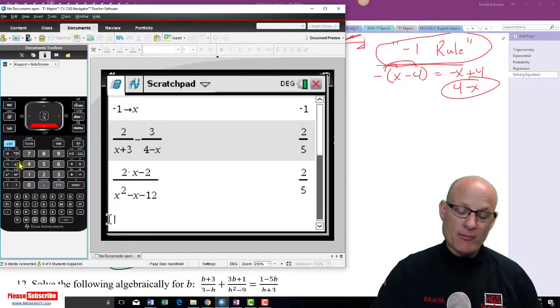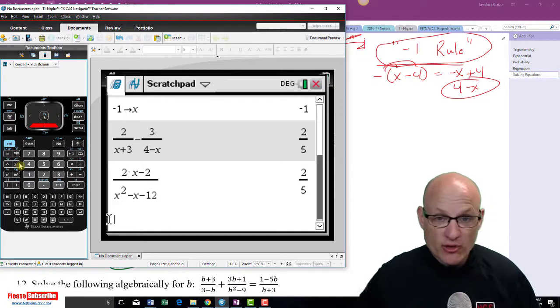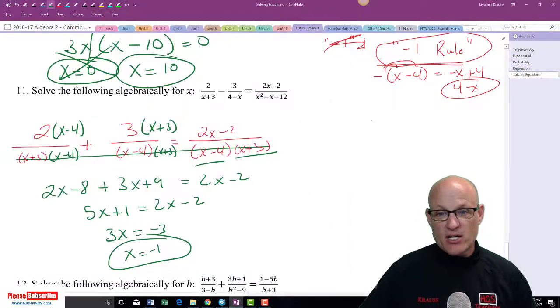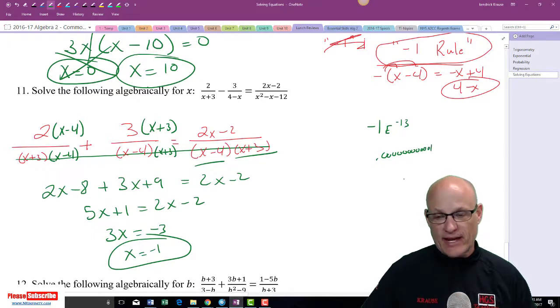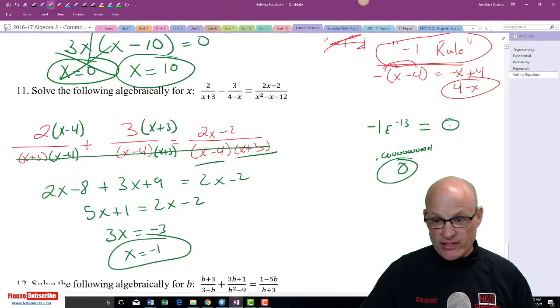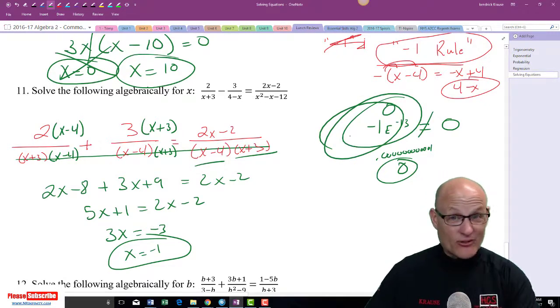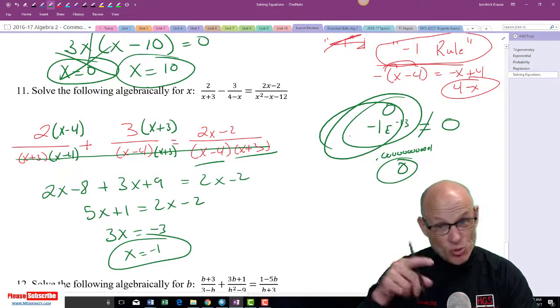The problem is when the calculator starts to estimate values of 0, and it gives you an answer like negative 1 e to the negative 13, which is really just 0. But the calculator sees these as not equal when they are in fact equal. That's just a rounding mistake on the calculator, but the calculator doesn't know that. It's not smart enough. You have to know it.